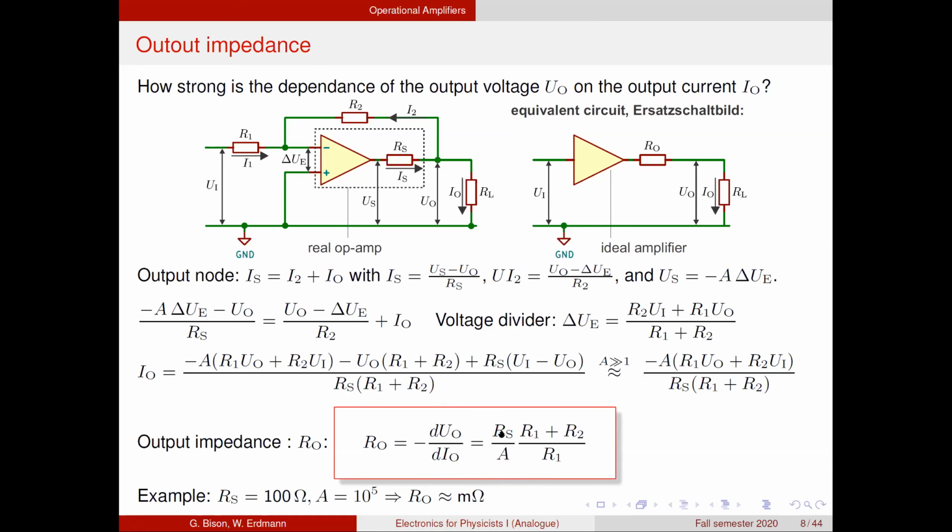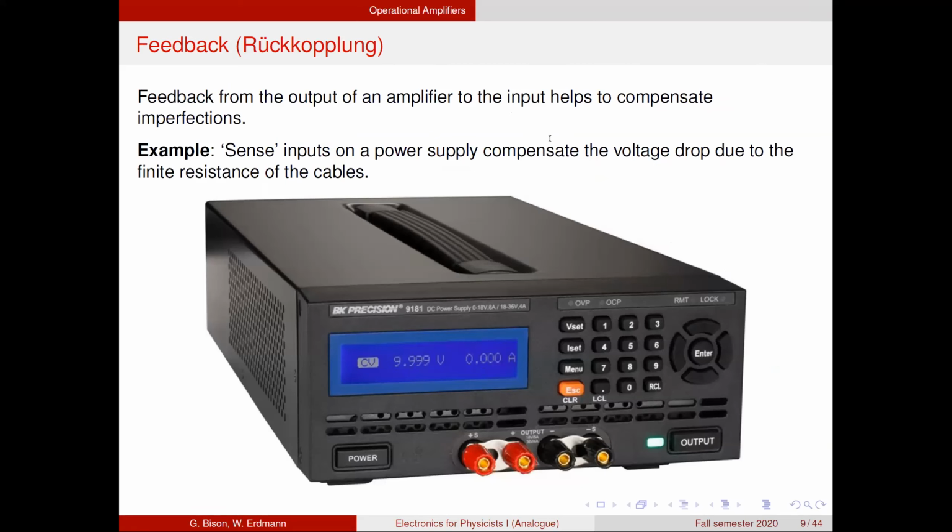So feedback, Rückkopplung, helps to compensate imperfections. One very common example are the outputs of benchtop power supplies, as you can see here. There's a plus and a minus output, and then you have these sense connectors. What the sense connectors do is measure what the actual voltage is on the output.